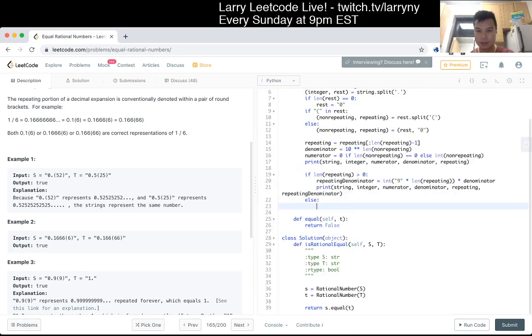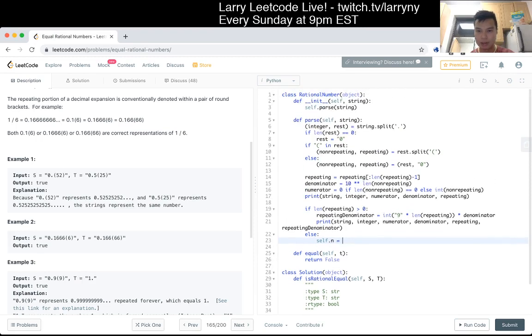Okay. Then the numerator is equal to, so there's no repeating portion, so it's just the integer times the denominator plus the numerator.